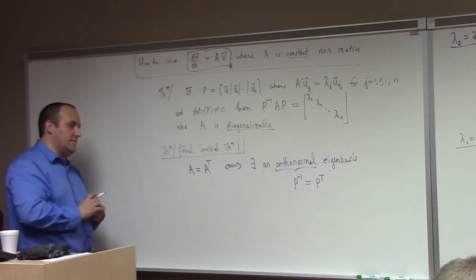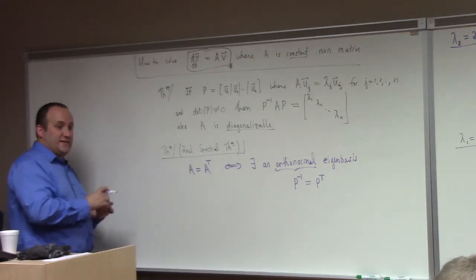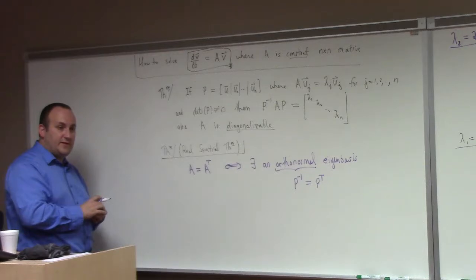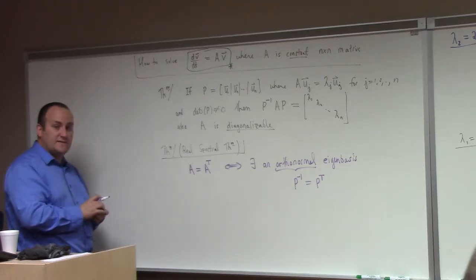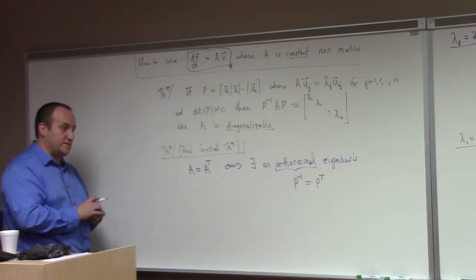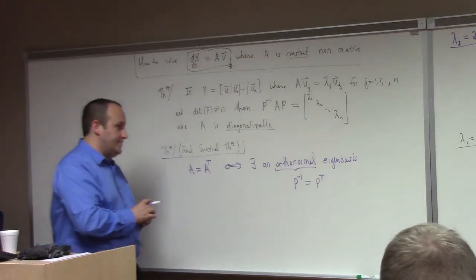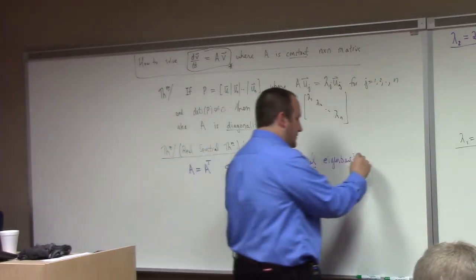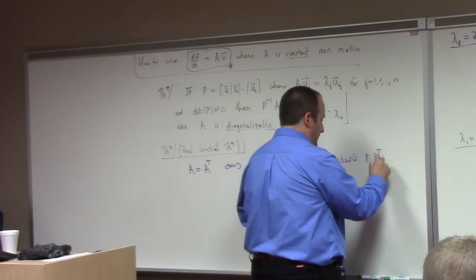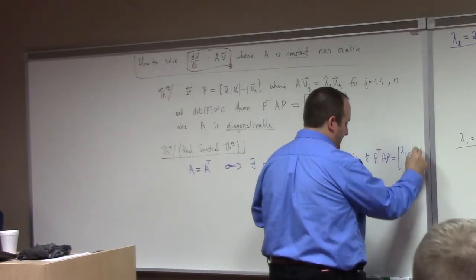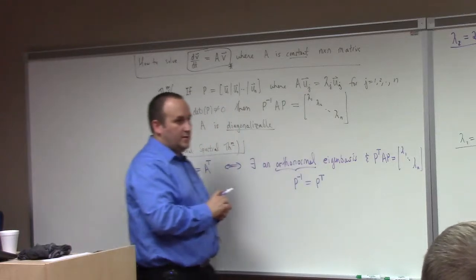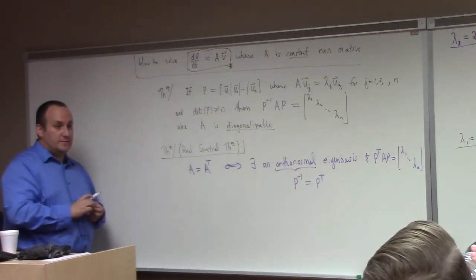It means that the vectors can be arranged to be mutually perpendicular and all length 1, which is a wonderful kind of basis. It's the one we're familiar with, like a Cartesian coordinate system. There exists an orthonormal eigenbasis, and P transpose AP is the diagonal matrix of lambda 1 through lambda n. There's even more to it than that, but that's enough.